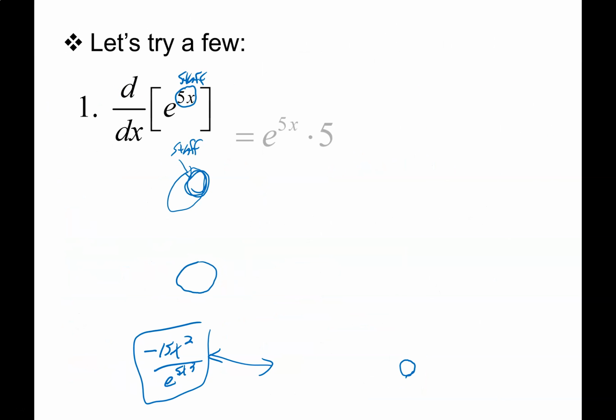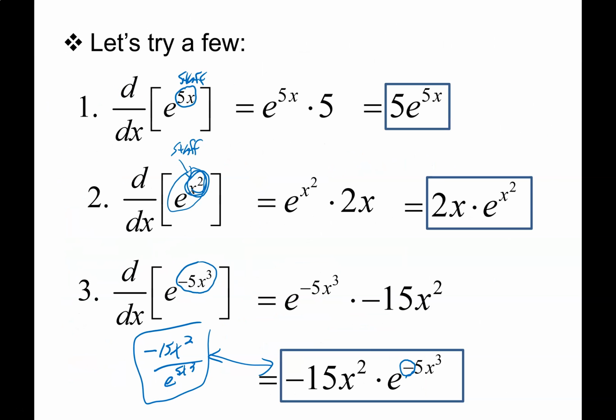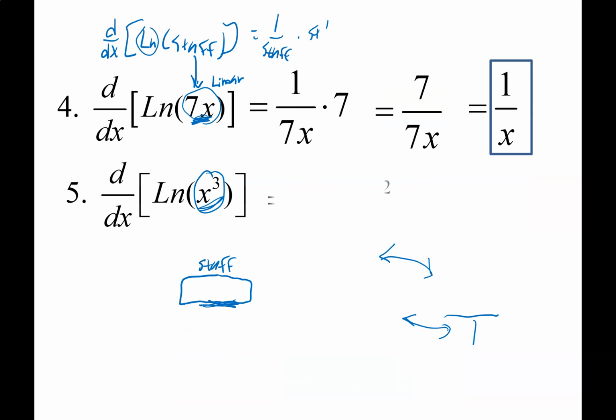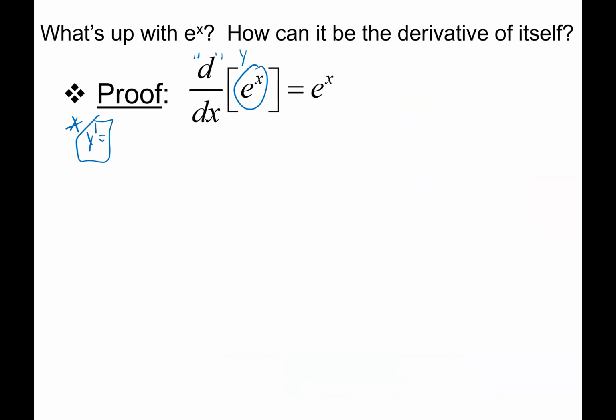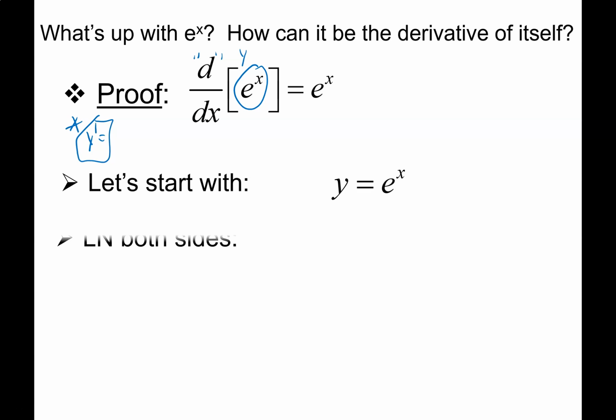So let's go back to where we were. I'm going to start with y equals e to the x. You say, well, you can't use the log properties because there's no ln's there. There is now.